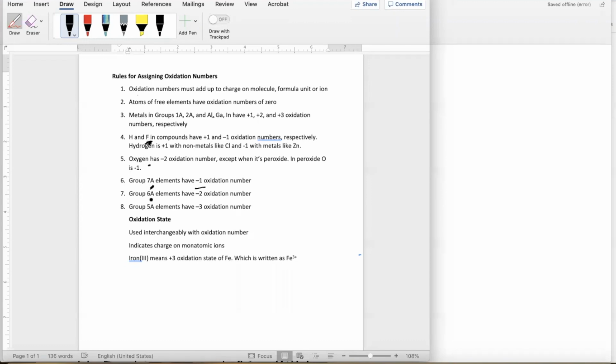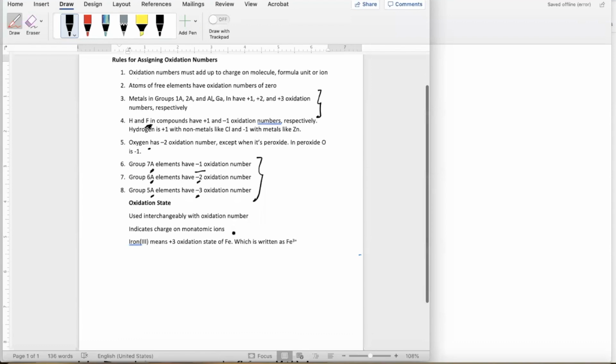Then group 6 is -2, like sulfur or oxygen, and group 5 is -3, like phosphorus. These rules you already knew, and this part for oxygen you already knew. Read this again just to make sure you understand the whole thing.